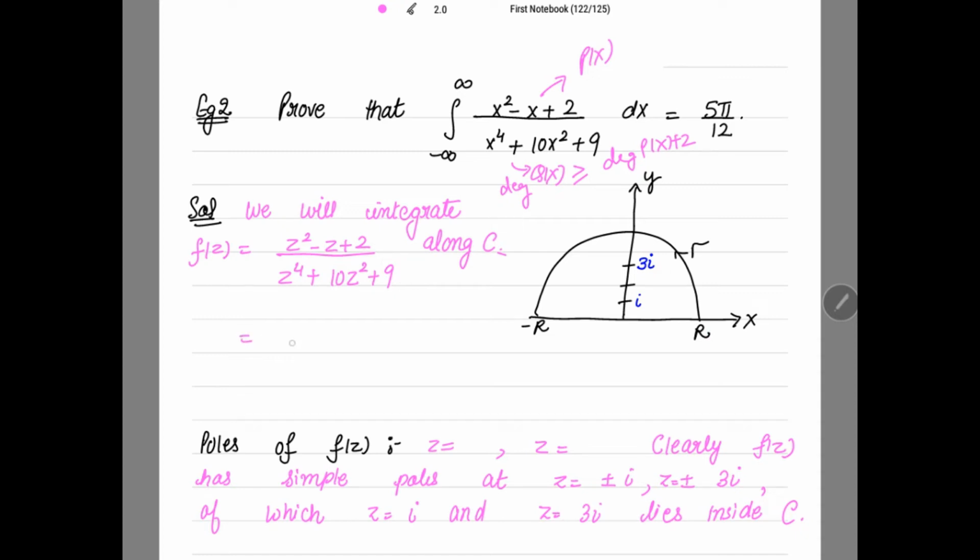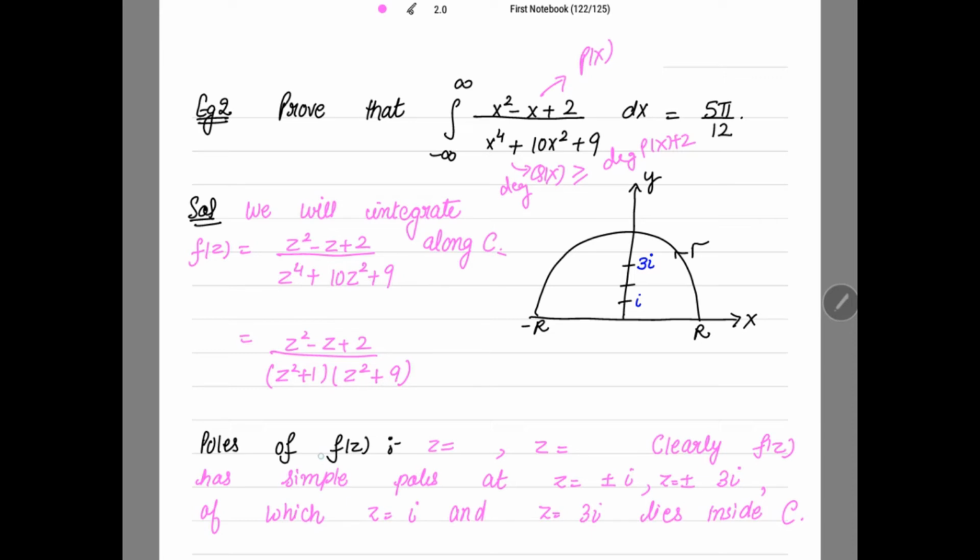Now this function, I can write it as, I have to find the factors for this denominator, which comes out to be z square plus 1 and z square plus 9, right?